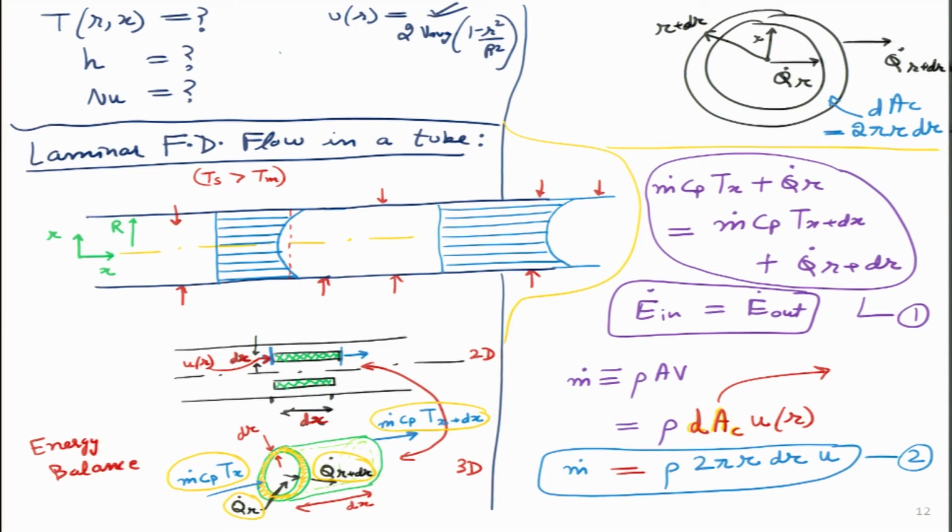Now, let us do one thing. On the next page, what we are going to do is rewrite equation number 1, but I will rearrange these terms. So, just pay some attention to equation number 1 once we have moved to the next slide.